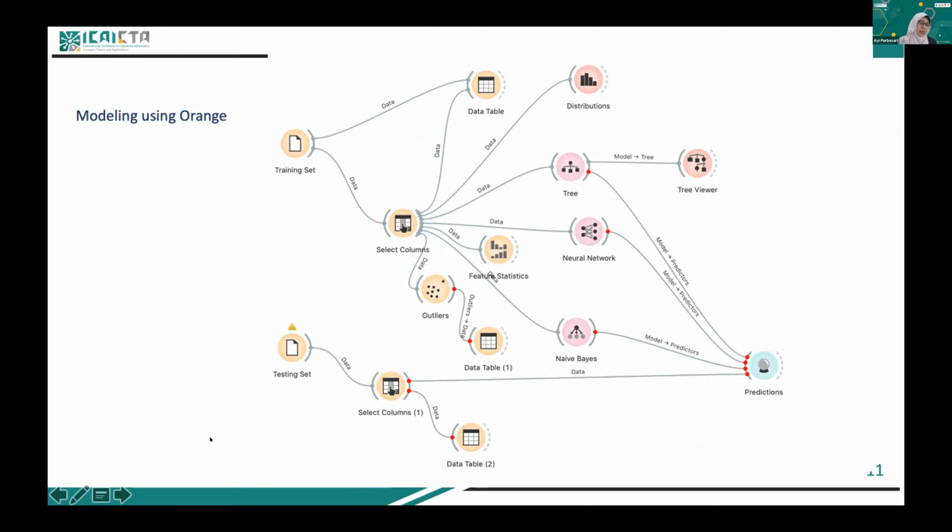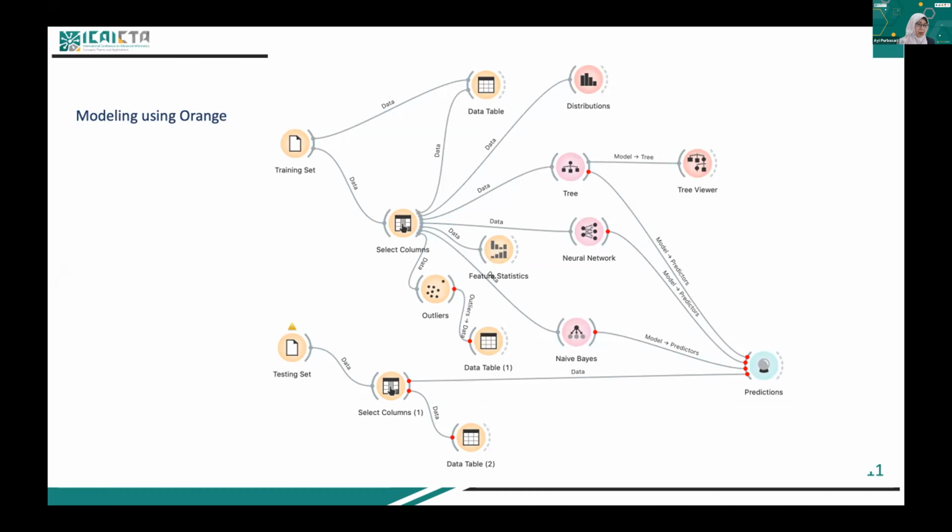And I also try modeling using the Orange application. I use some of the classification algorithms already defined in Orange: tree, neural network, and naive Bayes, and we use a training set and a testing data set.